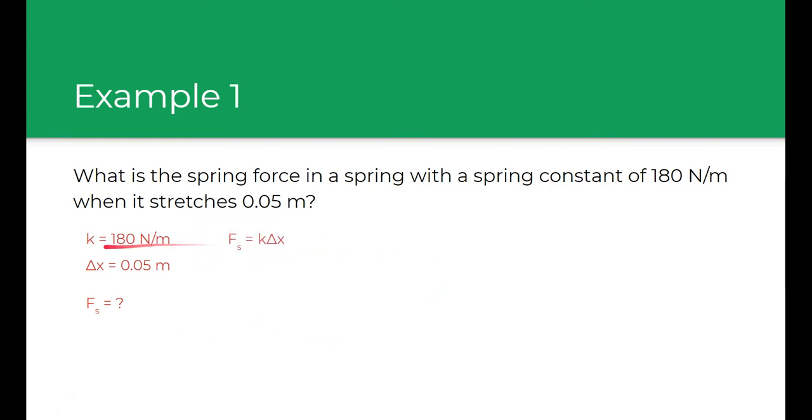And so then the equation we're going to use that has these three variables in it is the second one that we looked at. We can plug in the spring constant and the displacement, and if we multiply them, we get that the spring force provided by the spring is 9 newtons.